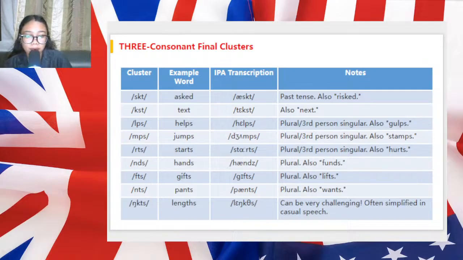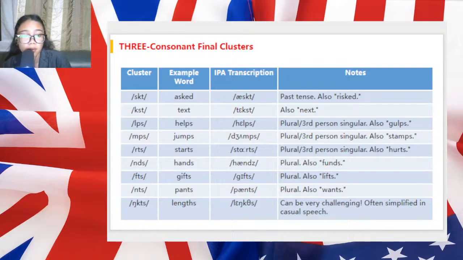Next is the KST cluster as in text. This is another frequent ending where the X spelling typically represents the KS sound, which then combines with the final T sound, all articulated rapidly.